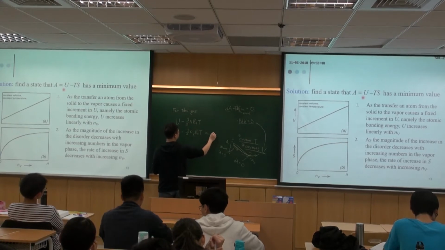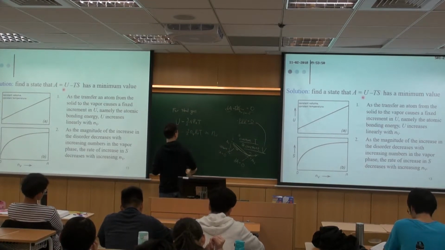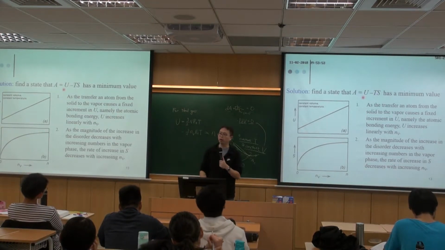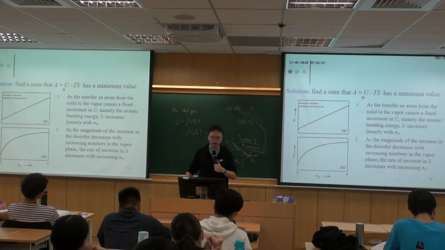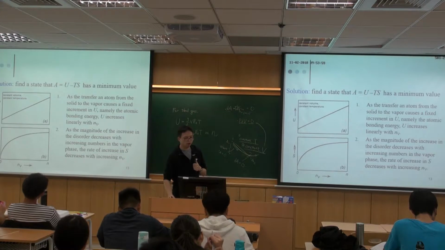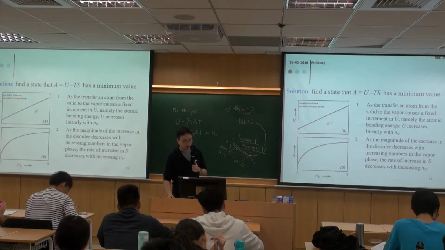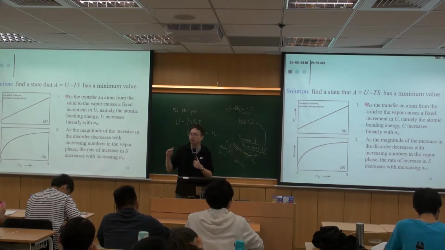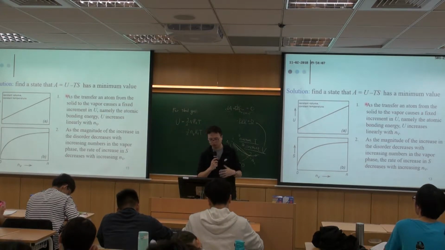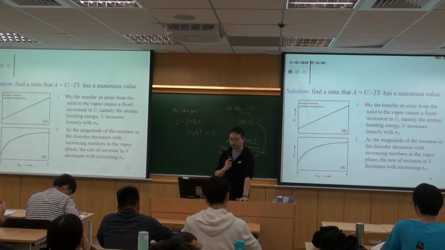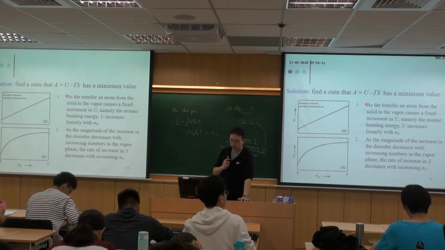So it's proportional to the number of particles in the vapor phase, right? That's the reason why this plot over here shows that the internal energy has a linear trend with respect to the number of particles in the vapor phase.